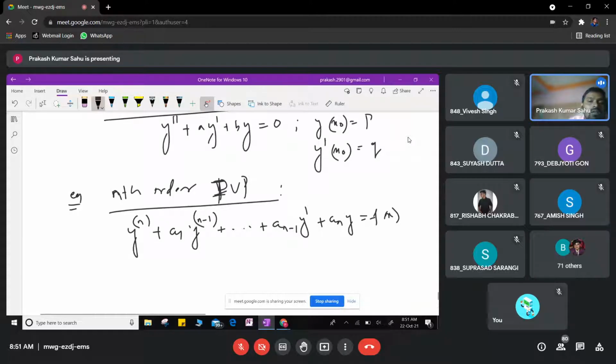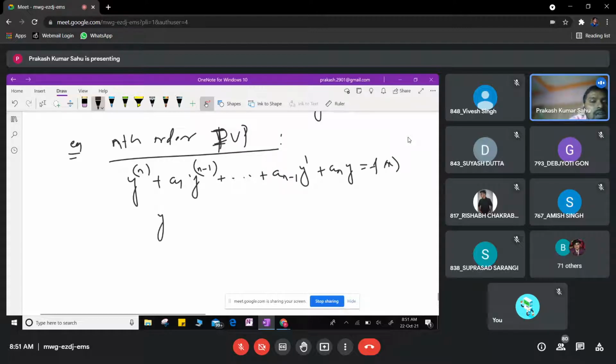And what is the initial condition? So what will the initial condition be? y0 will be, suppose you can say, t1, y dash 0 will be. Okay, suppose 0 is the initial condition. You can write the general form.